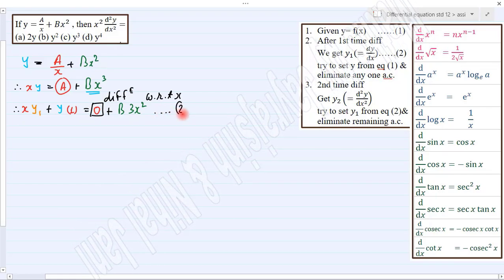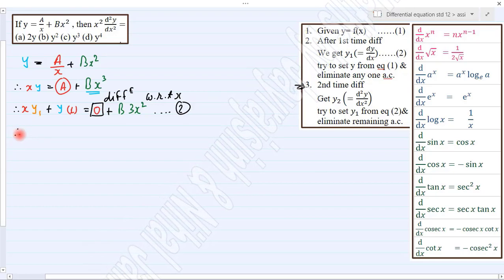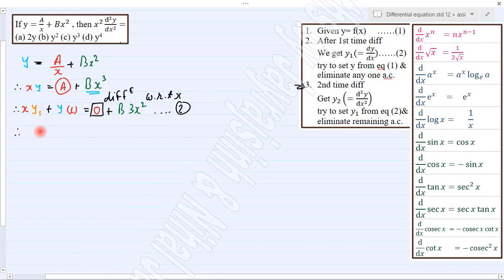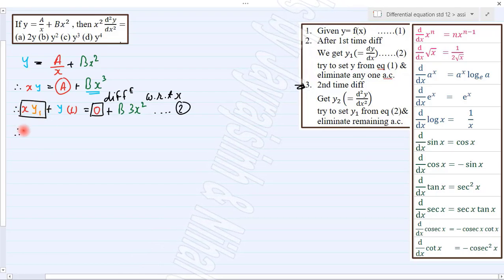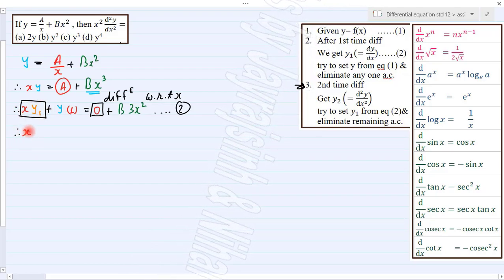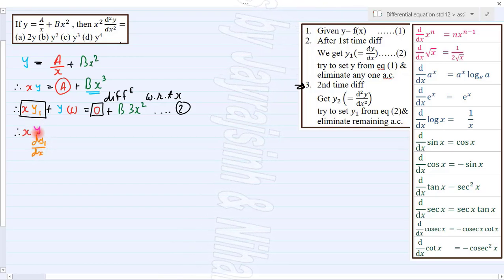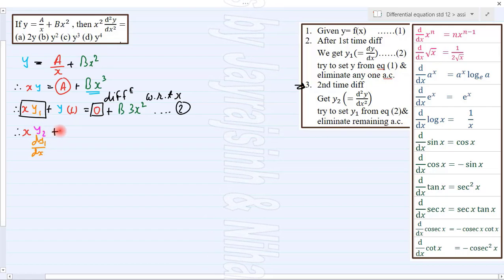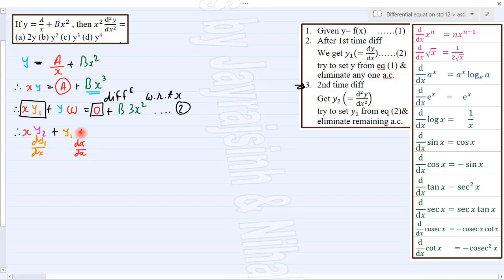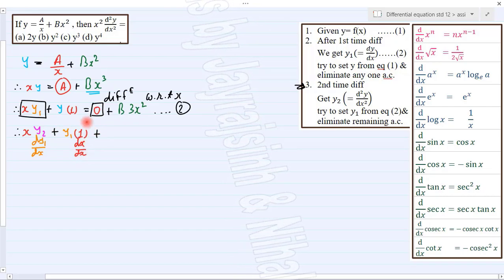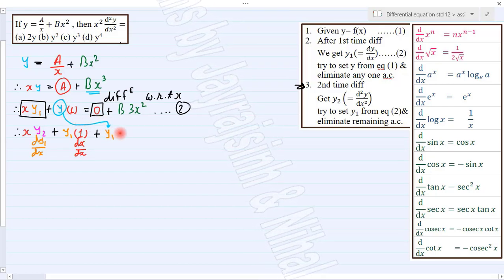So let's say this is equation number 2, and we are ready to move to the third equation, in which we have to again differentiate with respect to x. Now in the first term we have to apply the multiplication rule. x will be as it is, differentiation of y1 will be y2, plus y1 will be as it is, differentiation of x will be 1, plus differentiation of y will become y1.